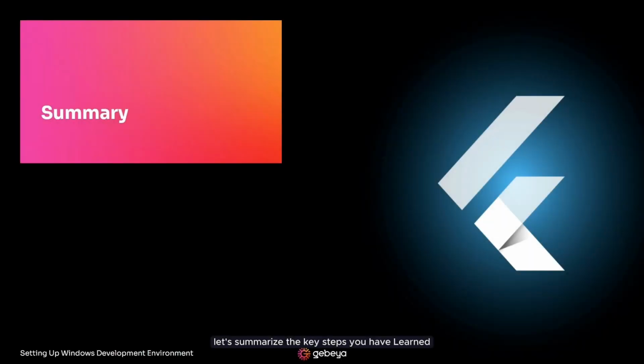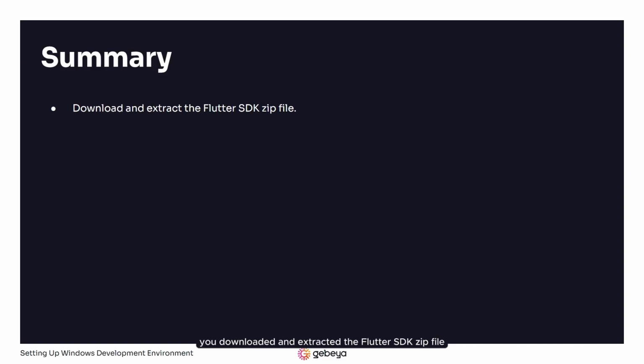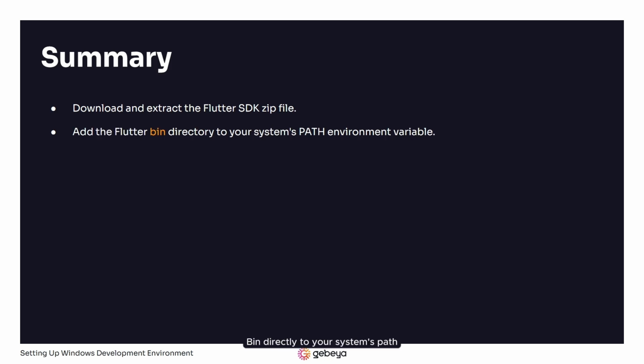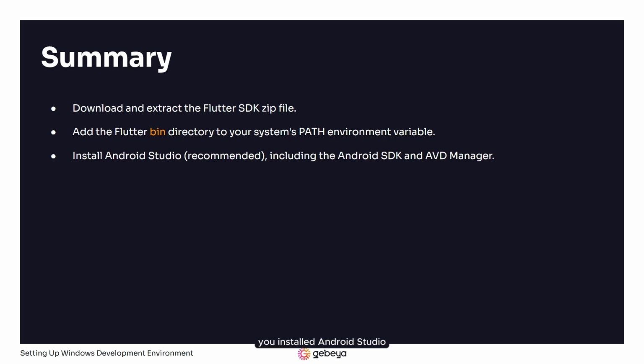Let's summarize the key steps you have learned in this module. You downloaded and extracted the Flutter SDK zip file. You added the Flutter bin directory to your system's path environment variable. You installed Android Studio, including the Android SDK and AVD Manager. You installed the Flutter and Dart plugins within Android Studio.